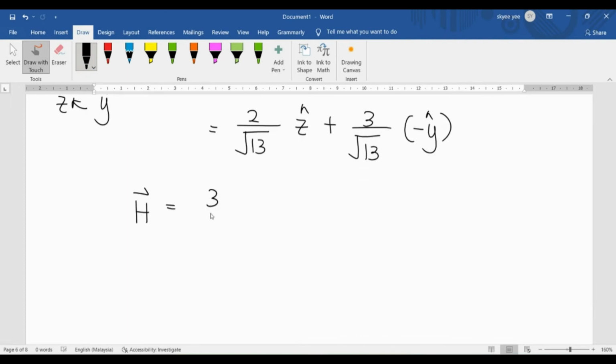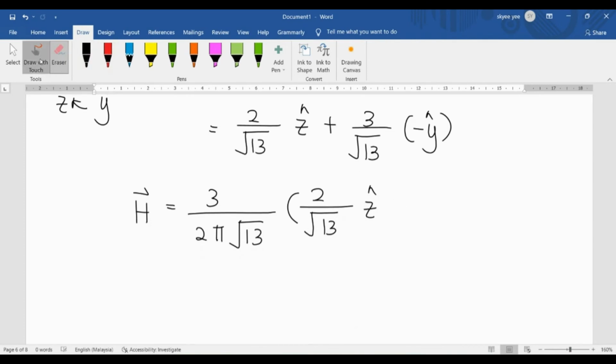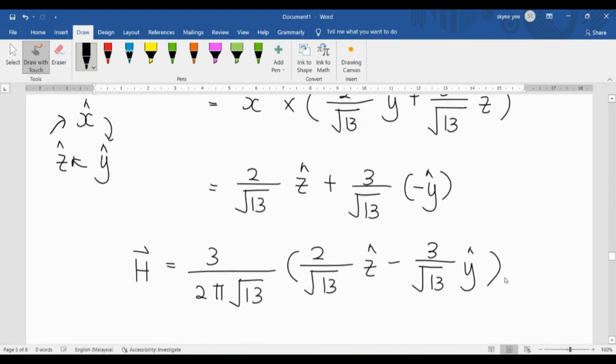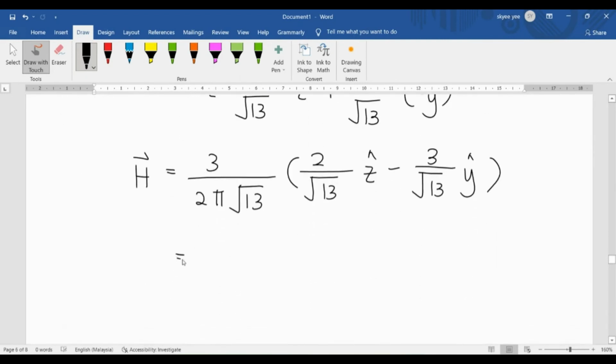Which is 3 amperes over 2 pi r. So the r is square root of 13, right? Square root of 13. And this is the unit vector phi that you got. So it is a combination of z direction and also y direction. It's 3 amperes, right? So you can simplify it.